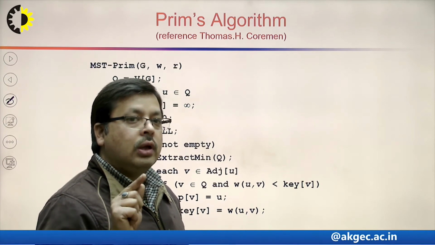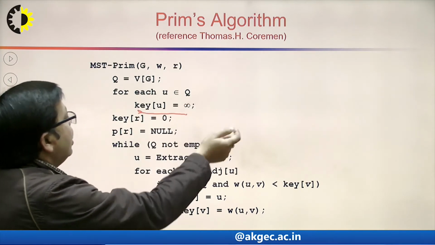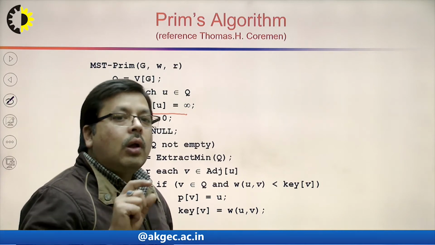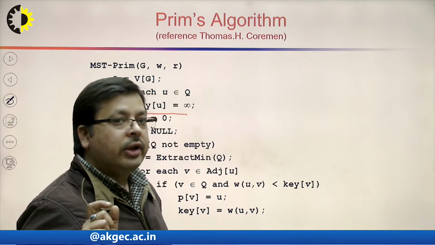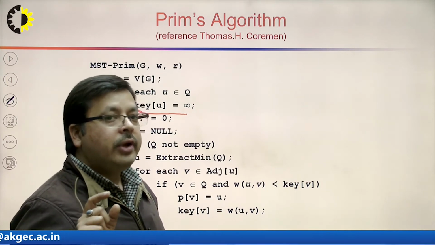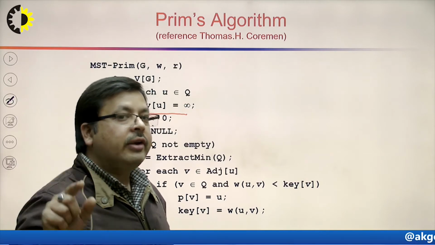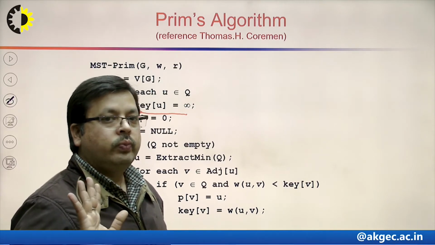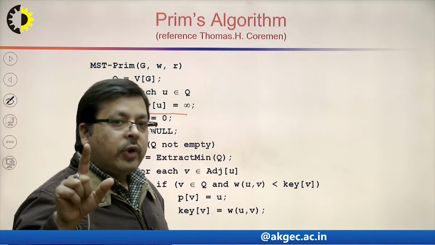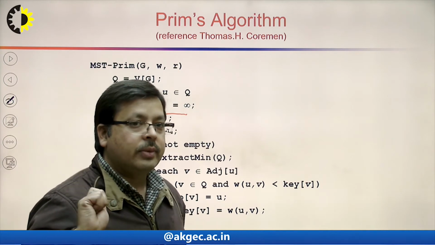So key of v equals infinity. We define the weight of all the nodes as infinity, meaning a node having weight infinity is disconnected from everywhere, with an undefined path from anywhere.